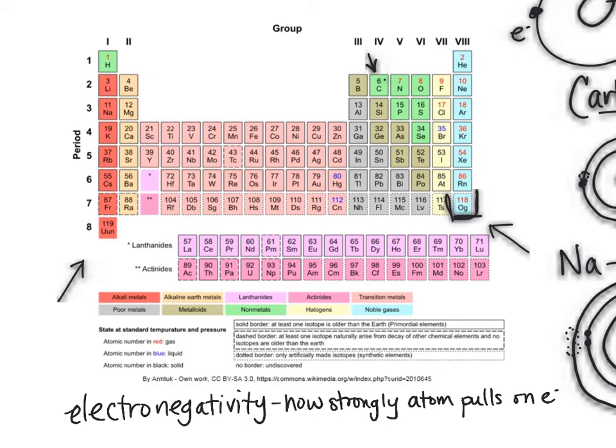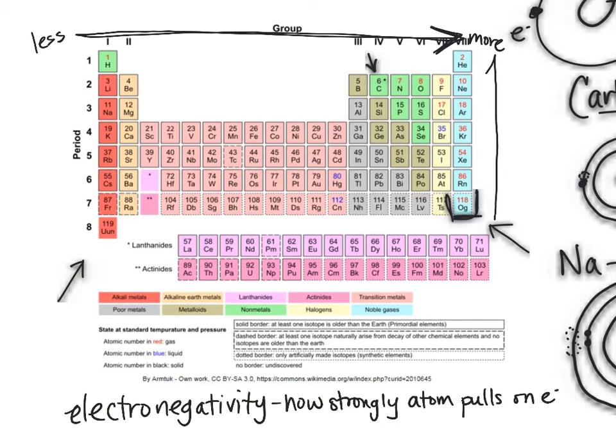If we look at our periodic table of elements, generally the trend is that as we go left to right across our periodic table of elements, we go from less electronegative to more electronegative. As we go from bottom up toward the top, we go from less electronegative to more electronegative.